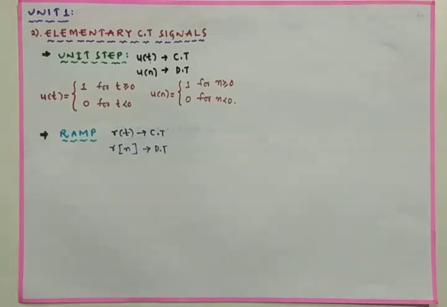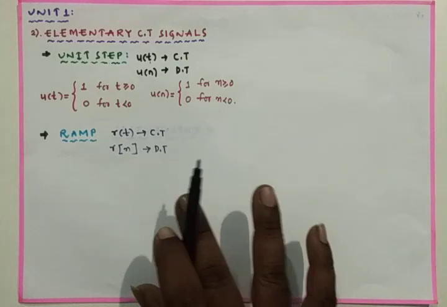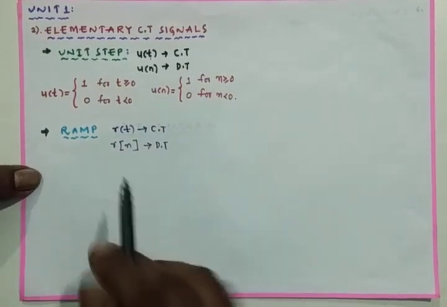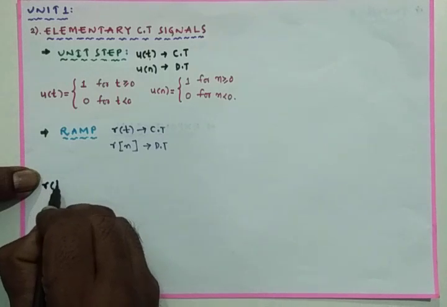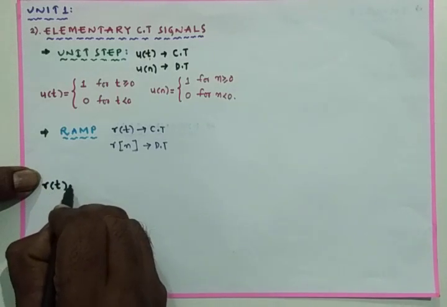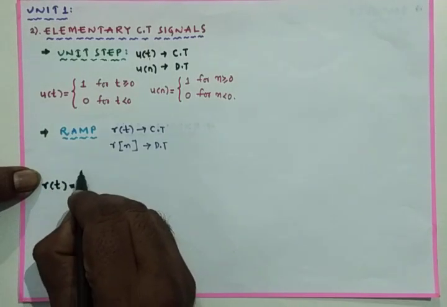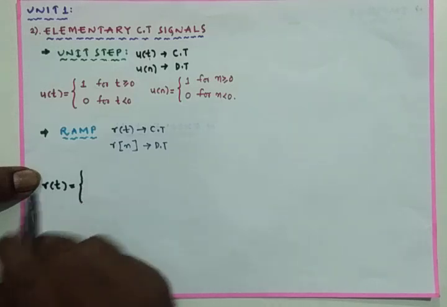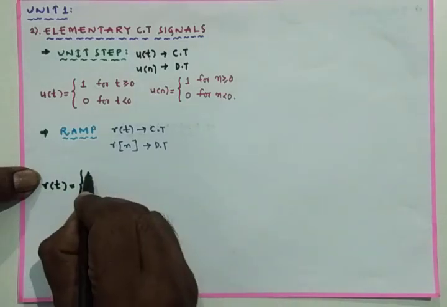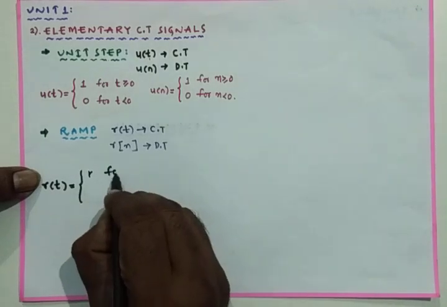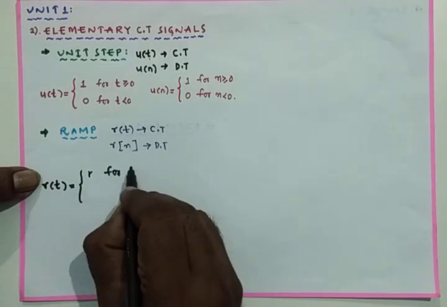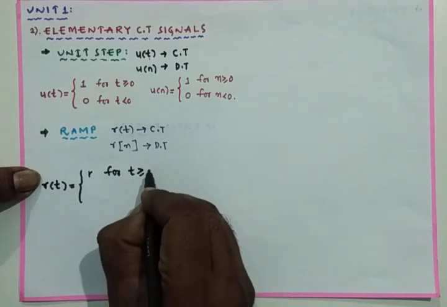This is a ramp signal. Now I am going to define the ramp signal. We know that the ramp signal is denoted with r of t. R of t is a continuous ramp signal whose amplitude linearly increases for all the positive values of t, where t is the independent variable.